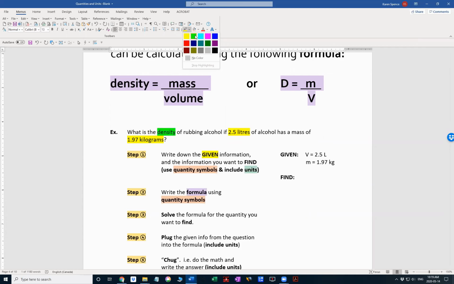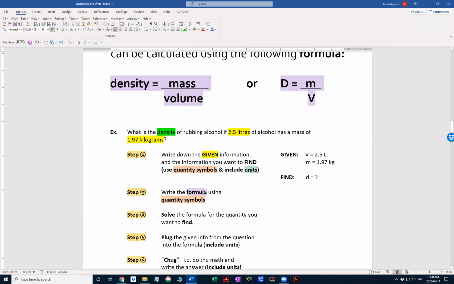So we are going to find the density, and we don't know what that is. Notice we have used the quantity symbols, and we included the units, right?